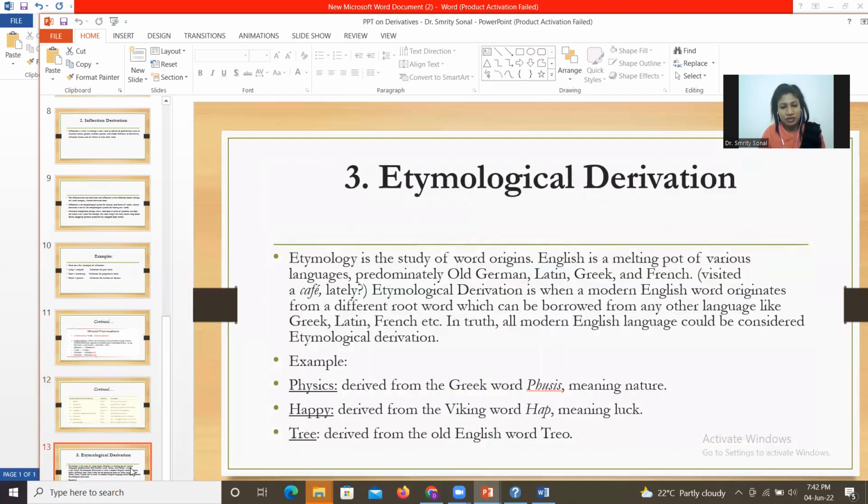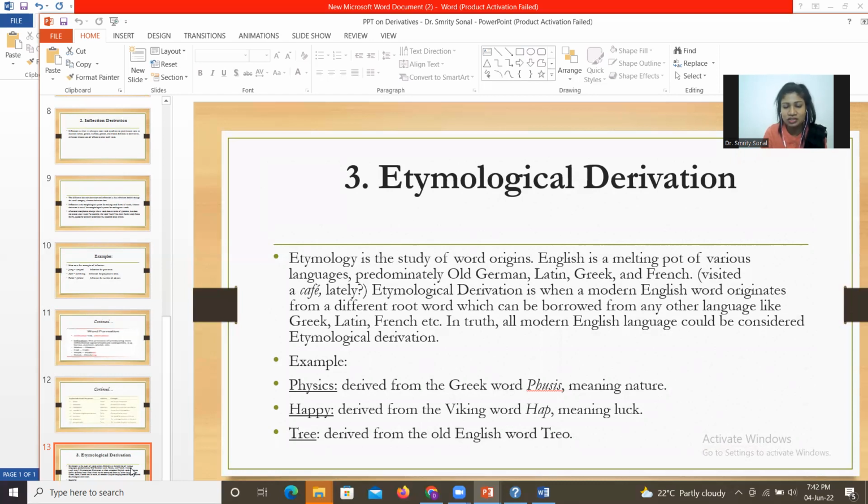And the last one we see is etymological derivation. Now, etymological derivation is the word which has its origin in another language and not in our language. Like English is a language that has borrowed many words from other languages.